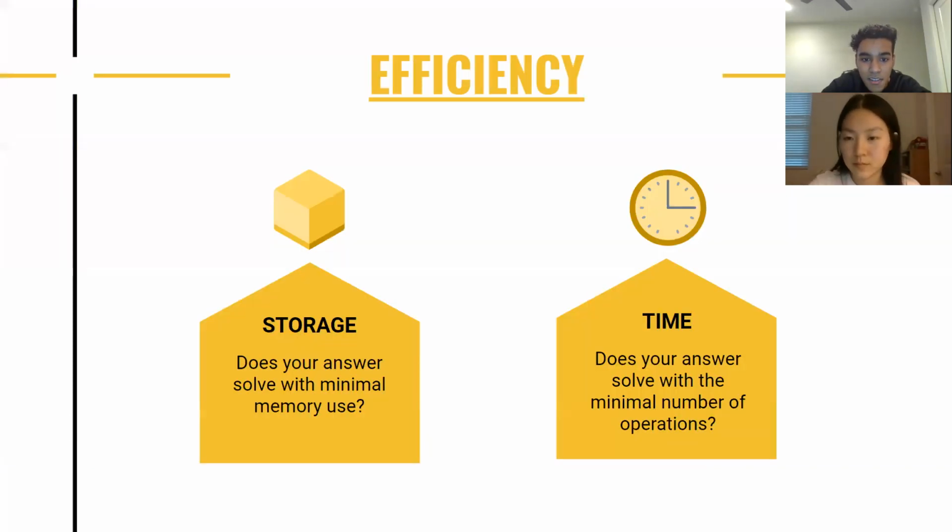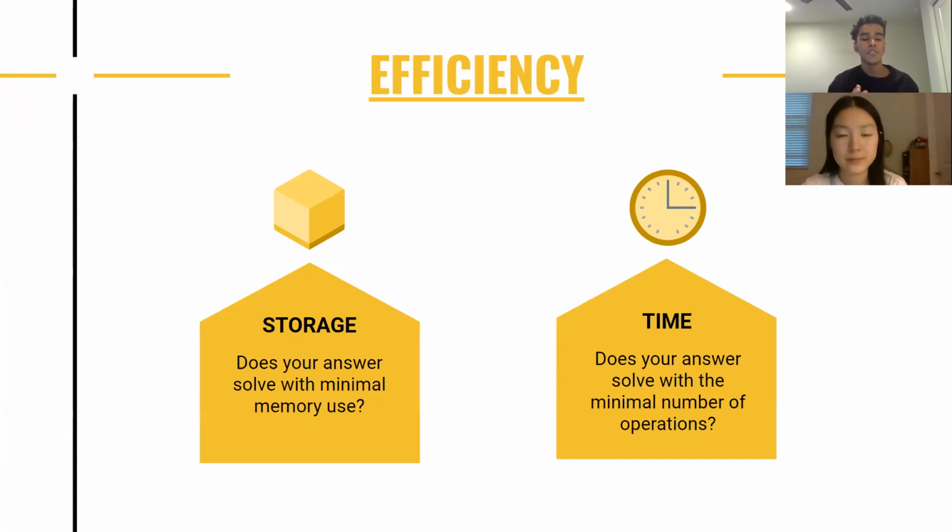Moving on. The next thing we should talk about for coding interviews is how your problems are judged. The quality of your solution isn't solely based on whether or not you solve the given problem. It's also based on how effective your solution is in terms of storage and time complexity.